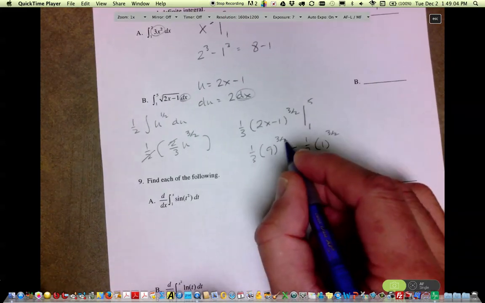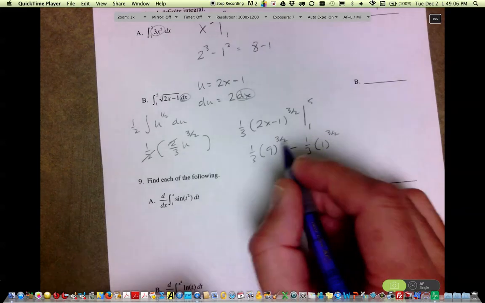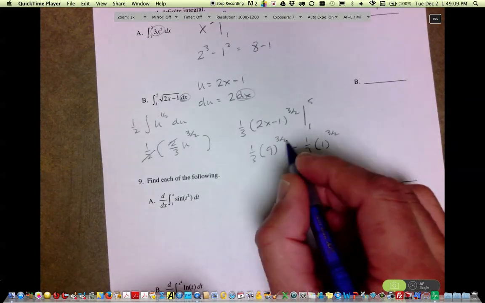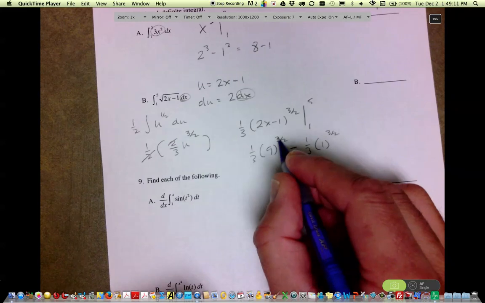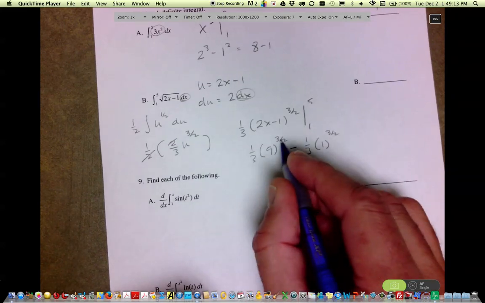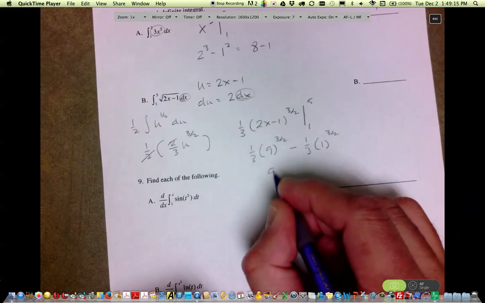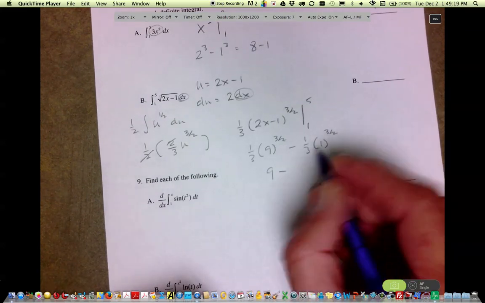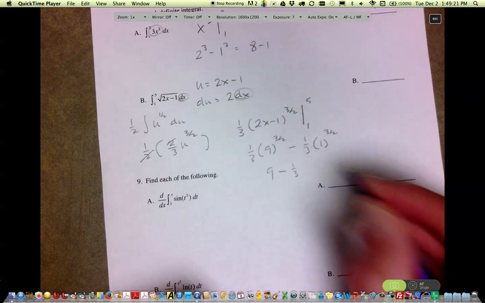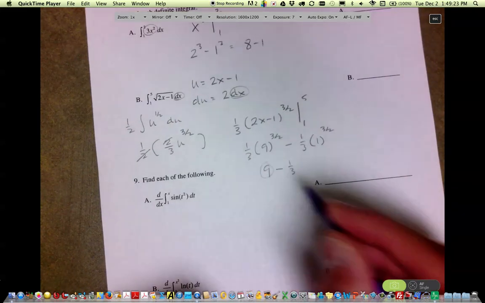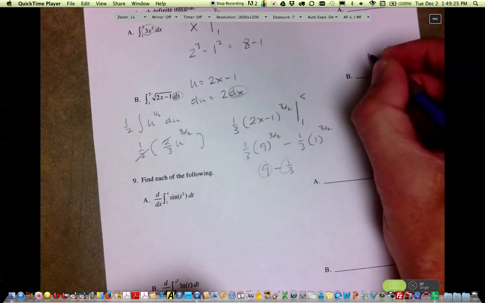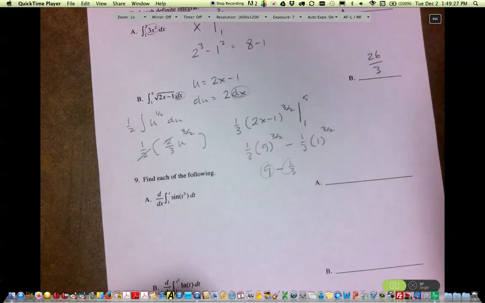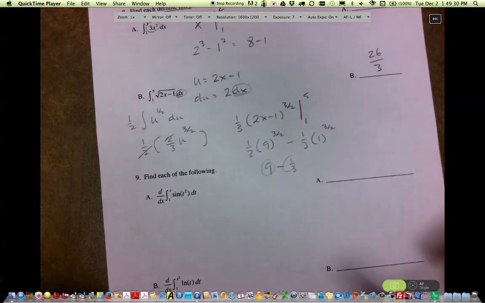If you raise something to the 1/2 power, that means take the square root. So this is going to be the square root of 9 is 3, and then cubed is 27. A third of 27 is 9. And then 1/3 times 1 to the 3/2 is just going to be 1/3. So we can think of this as 27/3 minus 1/3 is 26/3. 26/3 is that definite integral.